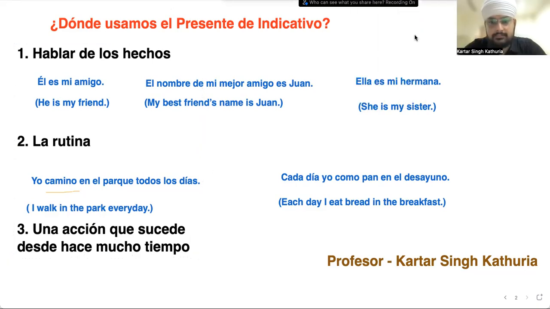Example, él juega al fútbol desde 5 años. He plays football since he was 5 years old. Desde hace 5 años. This is just an example. The main focus should be on the second one, la rutina.